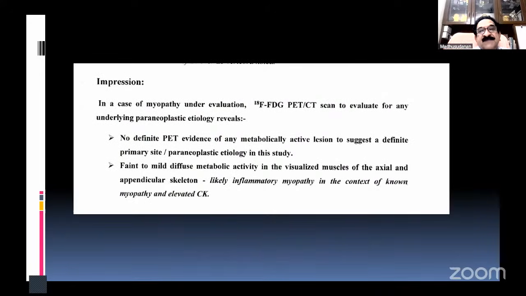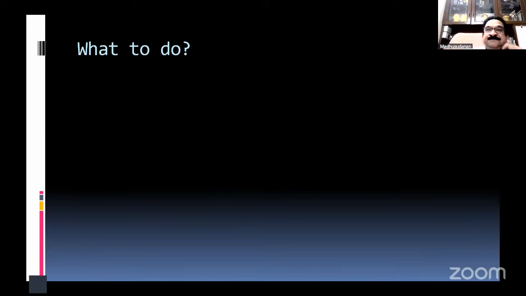No definite PET evidence of any metabolically active lesion to suggest a definite primary site or a paraneoplastic etiology in this study. Faint mild diffuse metabolic activity in the visualized muscles of the axial and appendicular skeleton, likely inflammatory myopathy in the context of myopathy and elevated CPK. Indirect evidence, no direct evidence of anything in the FDG PET. Now what to do? All the investigations I have planned came as non-specific and negative.